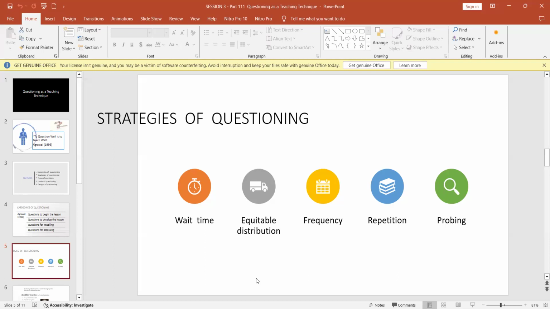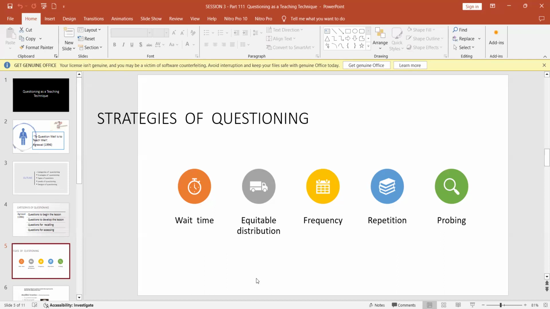If a teacher is supposed to ask a lot of questions in the class, questioning is part of teaching, according to Agrawal. Then how does the teacher use questioning as a strategy in a very effective way? Questioning as a technique in an effective way.